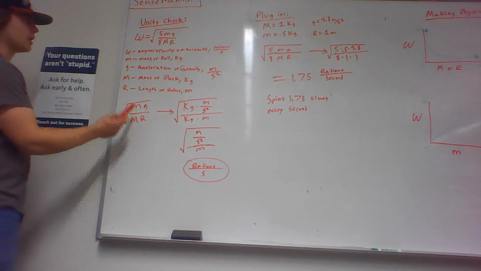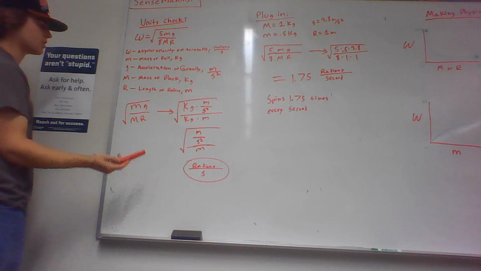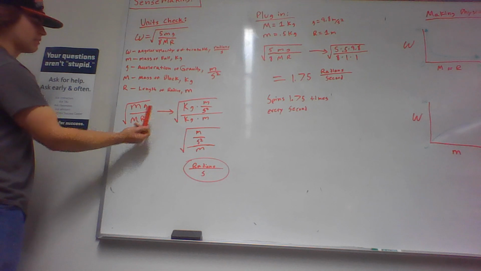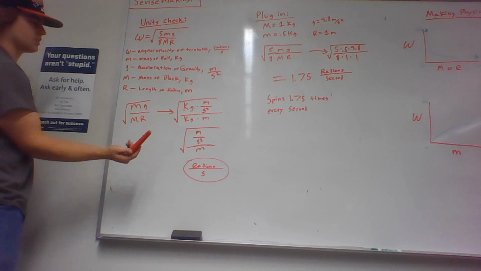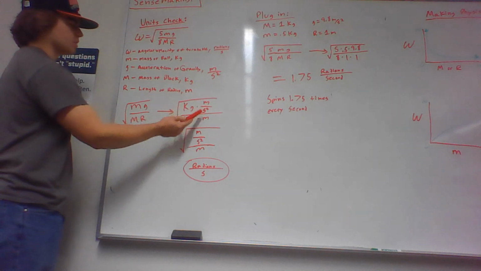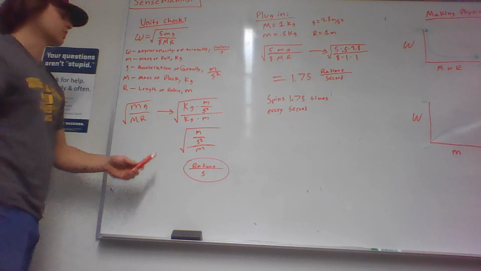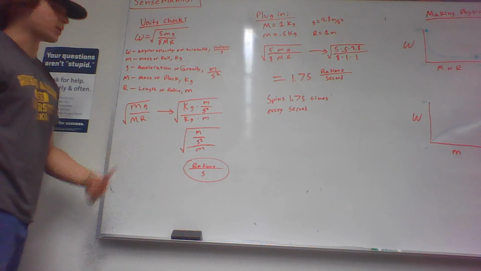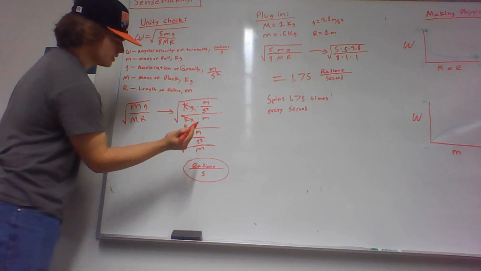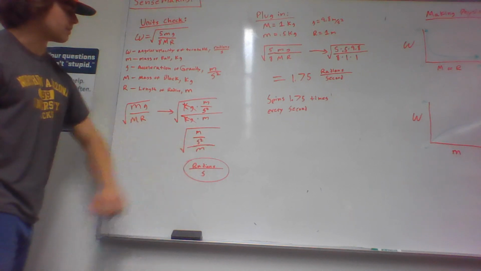So if we plug in the units into our equation, we get mass times gravity divided by mass times the radius. So that's kilograms times meters per second squared divided by kilograms per meter. And this is all under the square root, I should say. So if we cross out kilograms here, we get meters divided by seconds squared divided by m.